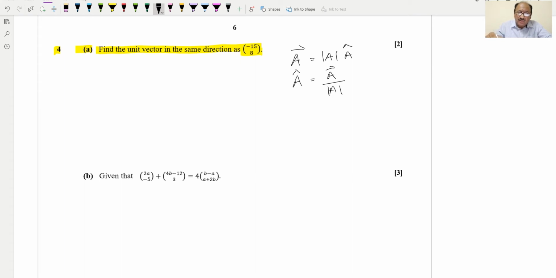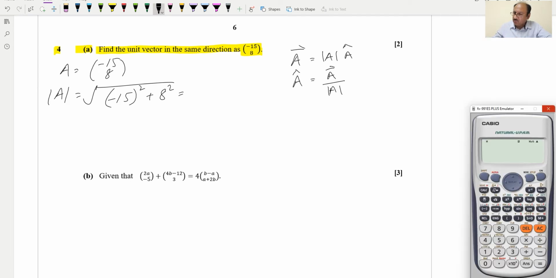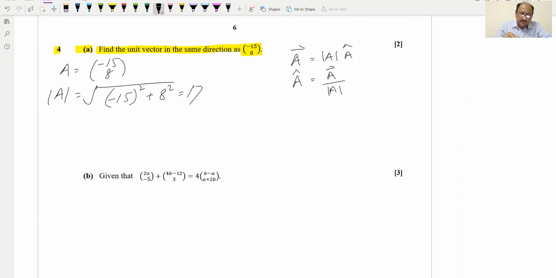So we require a magnitude. If we write a is equal to minus 15 and 8, then the magnitude of a will be equal to the square root of minus 15 in brackets squared plus 8 squared, which is the square root of minus 15 squared plus 8 squared, and this will be equal to 17.